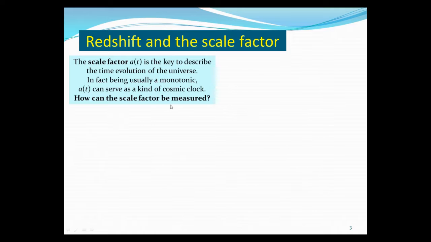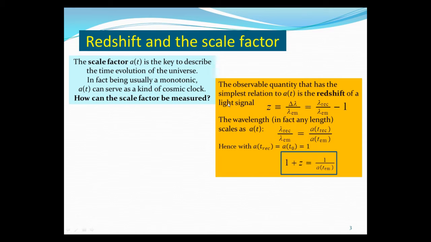The question is how can we measure the scale factor a of t? The observed quantity that has the simplest relation to the scale factor is the redshift of a light signal. Remember, redshift is defined to be the percentage change of wavelength, or if you write out delta lambda as lambda received minus lambda emitted, it's the ratio of wavelengths minus 1.